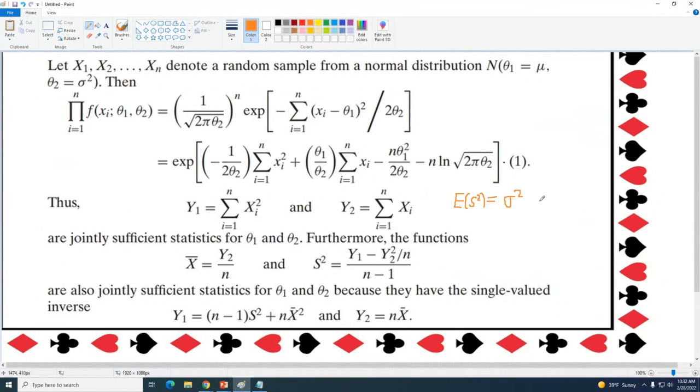Yes. And that's why we're saying this is unbiased. Again, you look at the calculation of the expectation, which is the expectation of y1 minus y2 squared over n, over n minus 1.